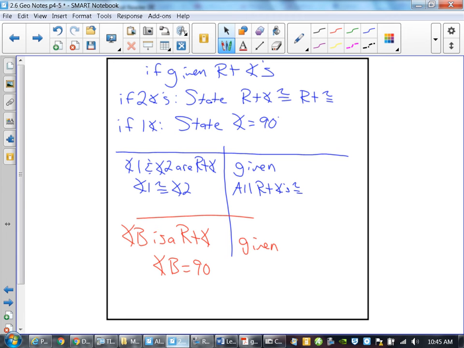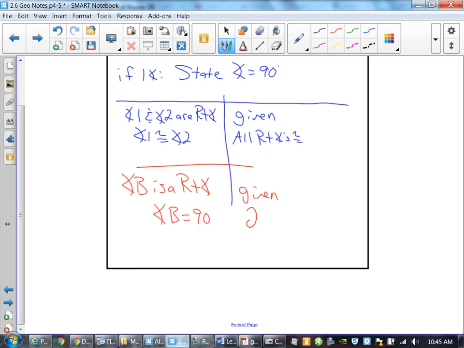Take a guess. Did I just say definition of right angle? You're on the right track. If this is the case when you just have to say that it equals 90 degrees, go ahead and use definition of right angle. Okay? Does that make sense?